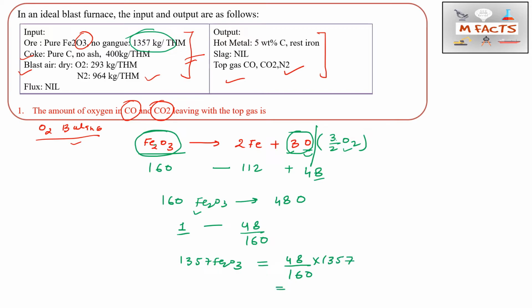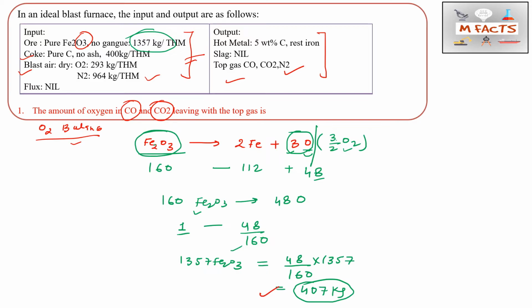You did this in eighth standard. This is not really a mass balance problem, it is basically an aptitude problem. Multiplying by 1357, we get approximately 407 kg. This is the weight of oxygen coming from this Fe2O3.